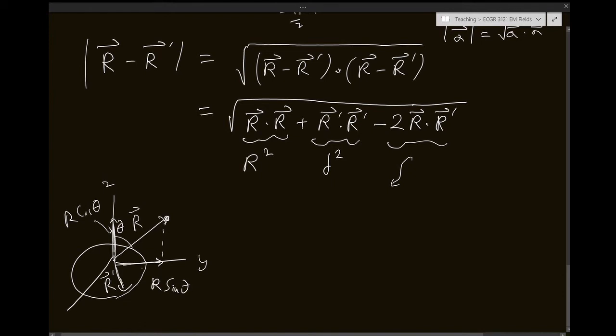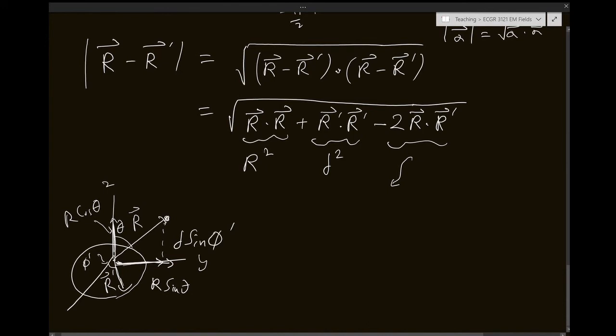The projection is going to be the magnitude of r prime. What's the magnitude of r prime? It's d, right? And with phi prime, it's going to be d sine phi prime.